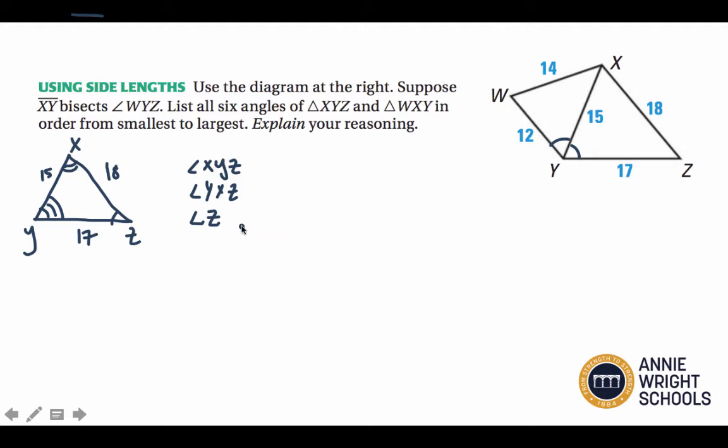Good. I'm now going to draw triangle WXY. So here's triangle WXY. Here's W, here's X, here's Y. And I know that this side is 15, and this side is 14, and this side is 12. So I know this angle is the biggest, because it's opposite the biggest side, so angle W. And then I know this angle is the next biggest, and that would be angle XYW.